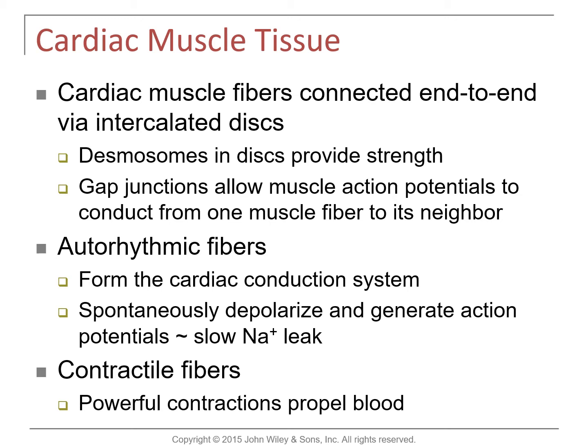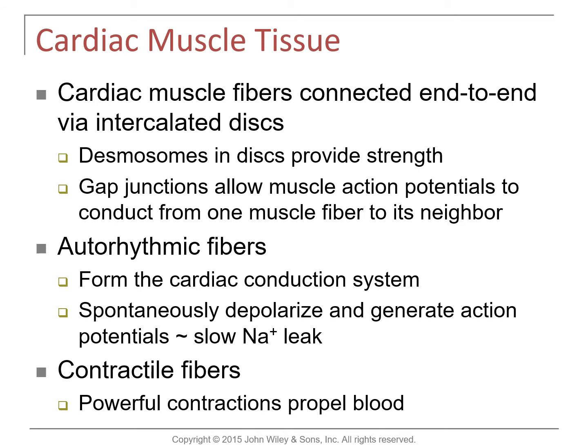There are specialized muscle cells called autorhythmic fibers, and these form the cardiac conduction system or pathway. The cells that are autorhythmic can spontaneously depolarize because they have slow leak sodium channels that allow sodium to diffuse slowly into these cells, depolarizing them and bringing them to threshold.